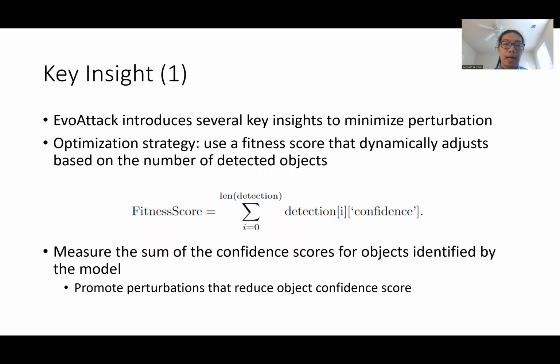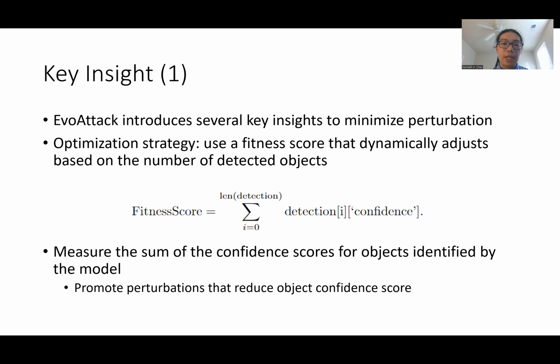Essentially, we're trying to minimize this such that an incorrect label will be greater than that of the correct label. However, in object detection, because we have up to n number of objects, we needed to develop a new fitness score for that. Essentially what we're using here is the sum of each of these detected objects' confidence scores. And by using that, we promote perturbations that will iteratively reduce each of the confidence scores that have been detected in the image.